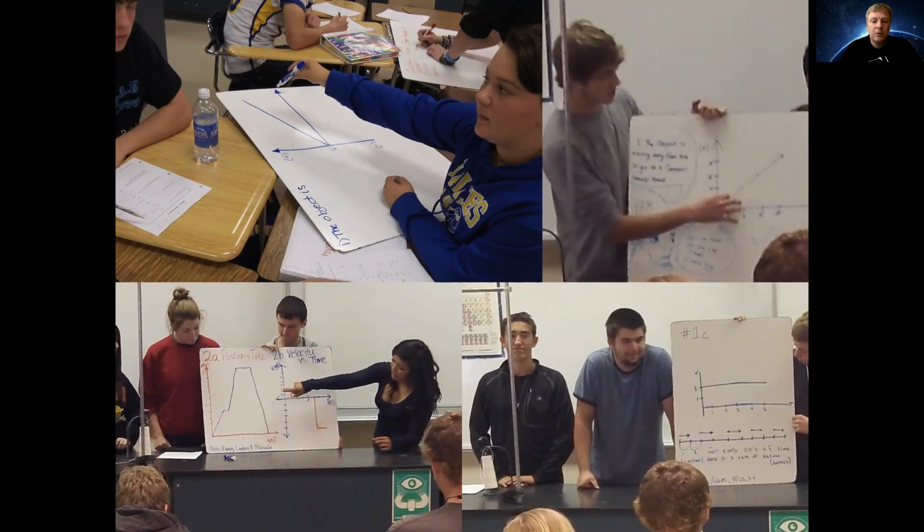And this takes quite a bit of work to develop an environment where students feel comfortable being wrong. For some kids, it's really hard to get up and not know if their whiteboard is 100% correct, but it could have some wrong information on there. But they get up there and present the board to the class, and the students ask questions.